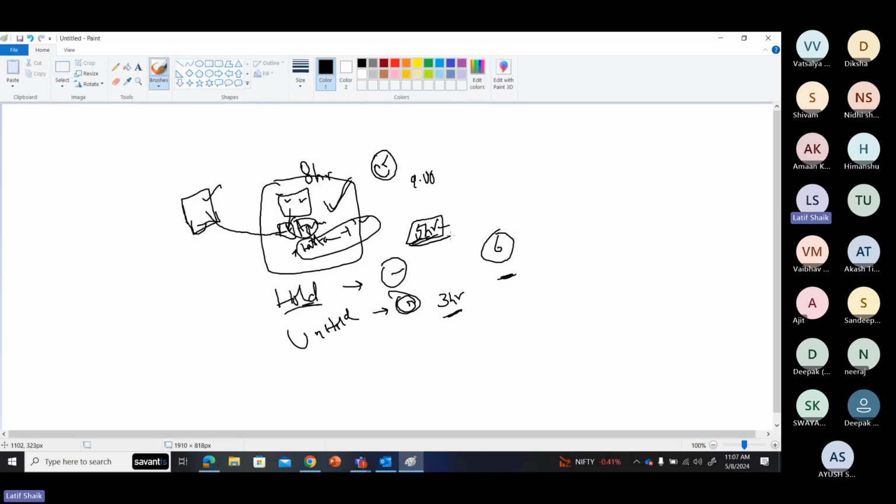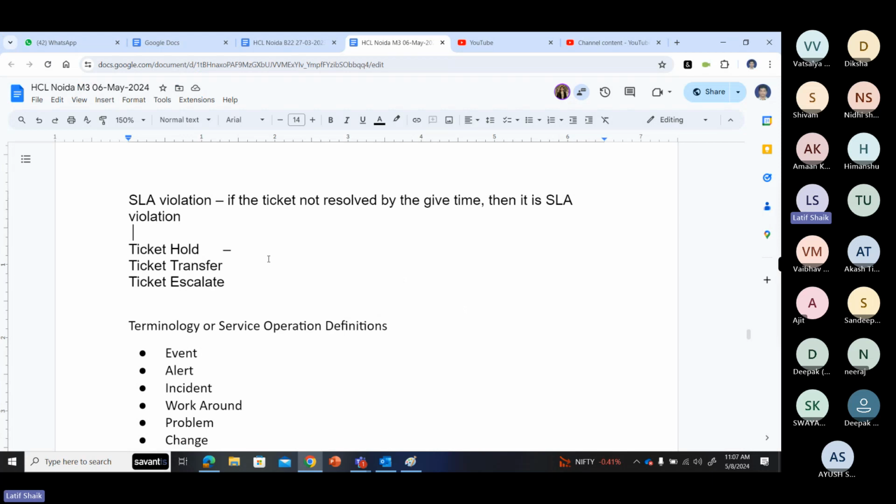After 5 hours completed you hold the ticket because of pending approval or another team doing a part of the task. Once they are completed, you unhold it, and you still get 3 hours to complete it. So it is not going to be an SLA violation.